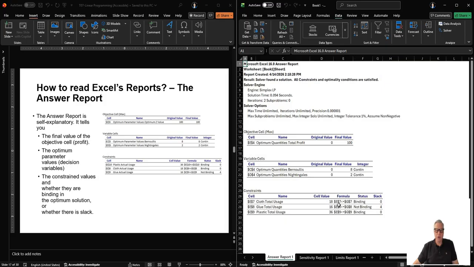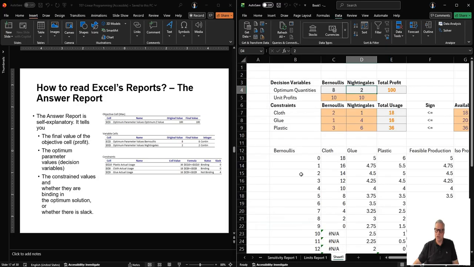So the cloth total usage, we have 18, and it's a binding constraint, meaning there is no slack. But we have some slack for the glue, namely 4, and we have some plastic. We don't have any slack in plastic, so that's a binding constraint too.